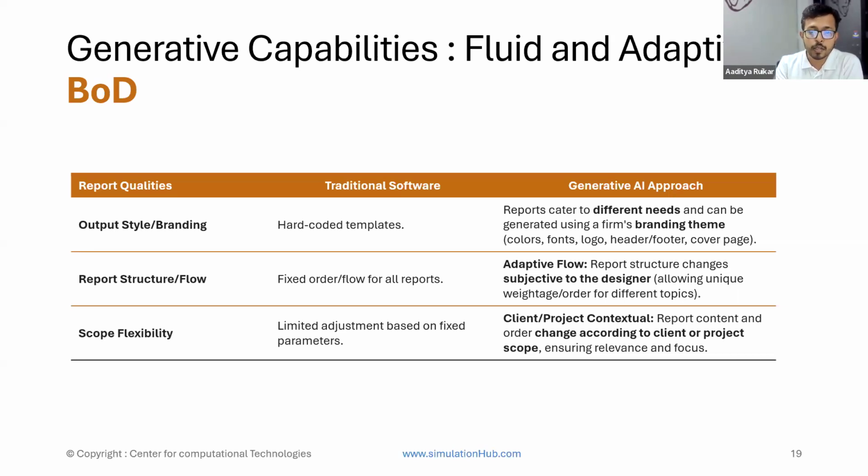Those are hard-coded reports. But the basis of design report is a complex report. It changes subjectively from firm to firm, designer to designer, client to client, and project to project. It cannot be generated using traditional hard-coded software. Here, generative AI can adapt to various needs and provide the required basis of design document.